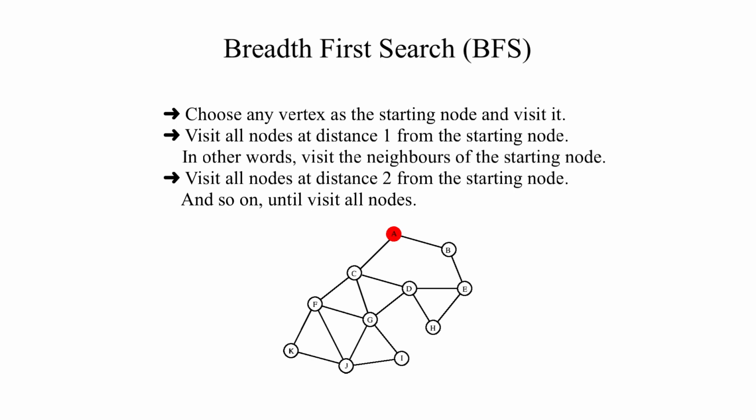The next step is to visit all nodes at distance 1 from A. They are nodes B and C. The next step is to visit all nodes at distance 2 from A. They are nodes D, E, F, and G. The next step is to visit all nodes at distance 3 from A. They are nodes H, I, J, and K. At this point, all nodes have been visited, and the algorithm is finished.